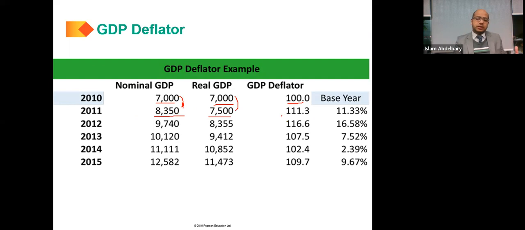So the deflator is 111.3. That means the prices increased by 11.3% in 2011 compared to 2010, and so on for all years.